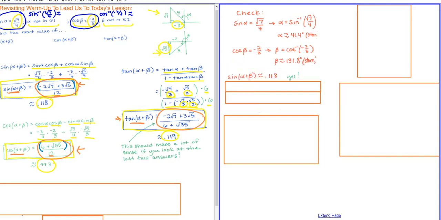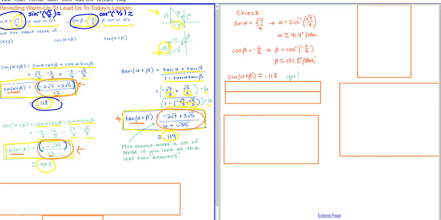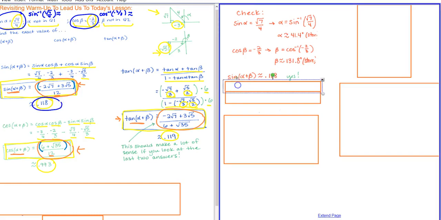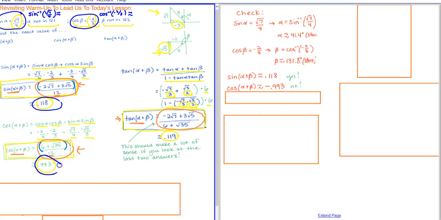And then I asked the calculator to find the sine of the sum of the two stored angles, and it gave me 0.118, and I looked back at the other computation, and that was the same. Then I asked my calculator to find the cosine of the sum of the two stored angles, and I got negative 0.993, and I looked back at my other approximate answer, and they were not the same.